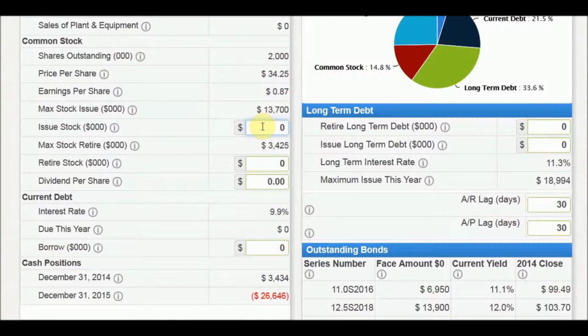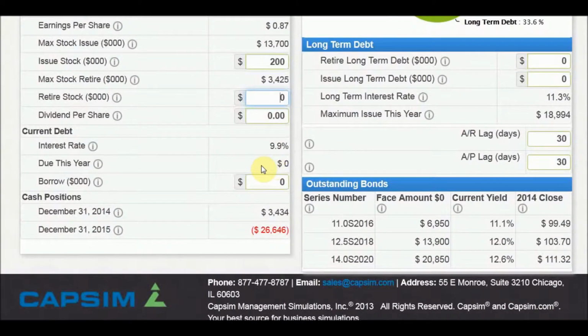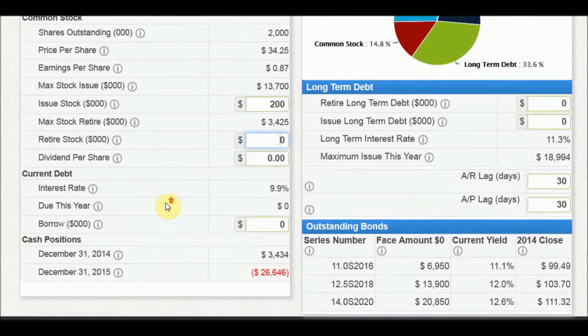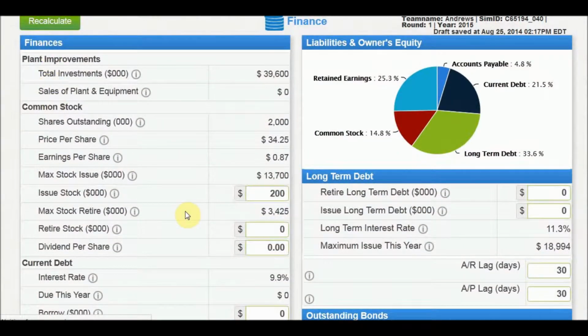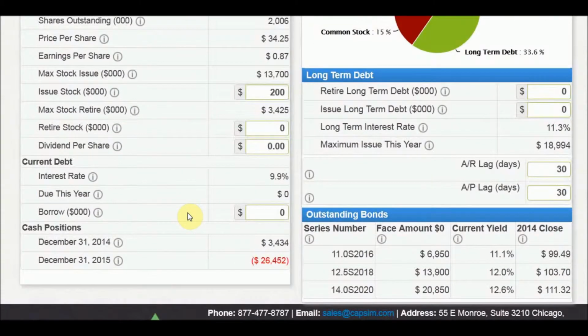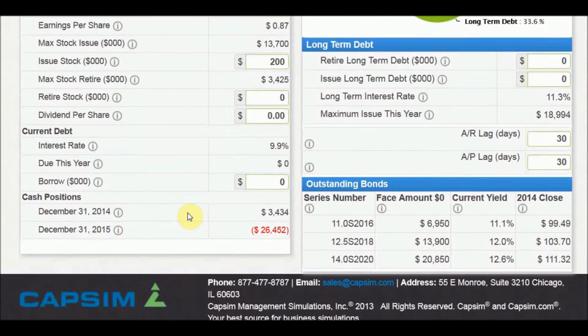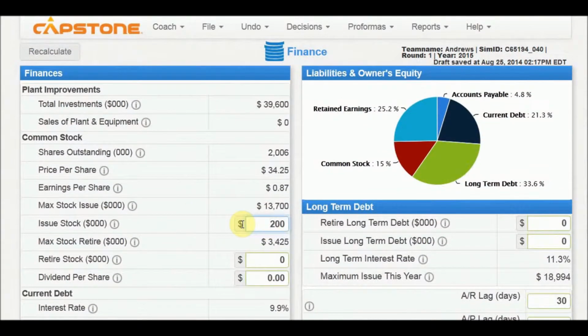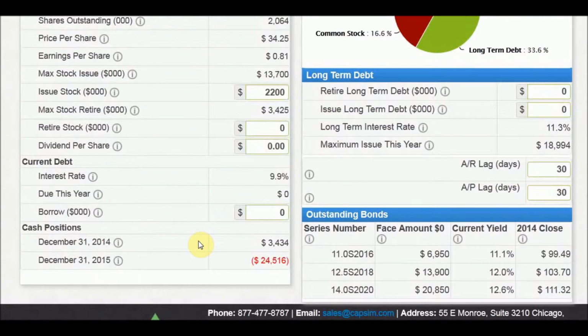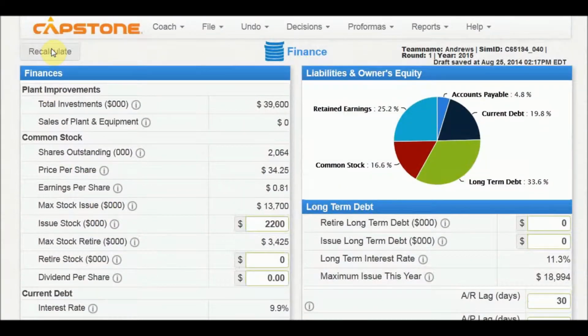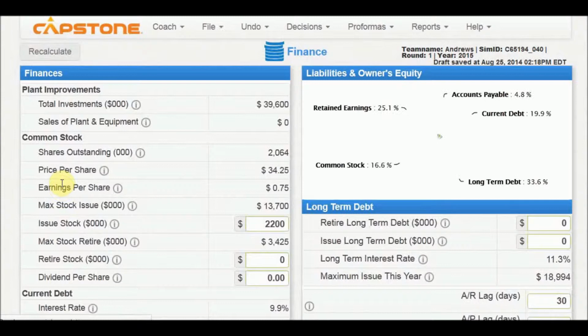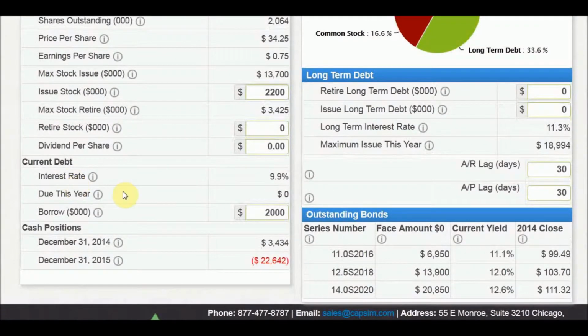Let me see. For instance, I could issue out some stock, and let me see. And then we can borrow. Let's see.